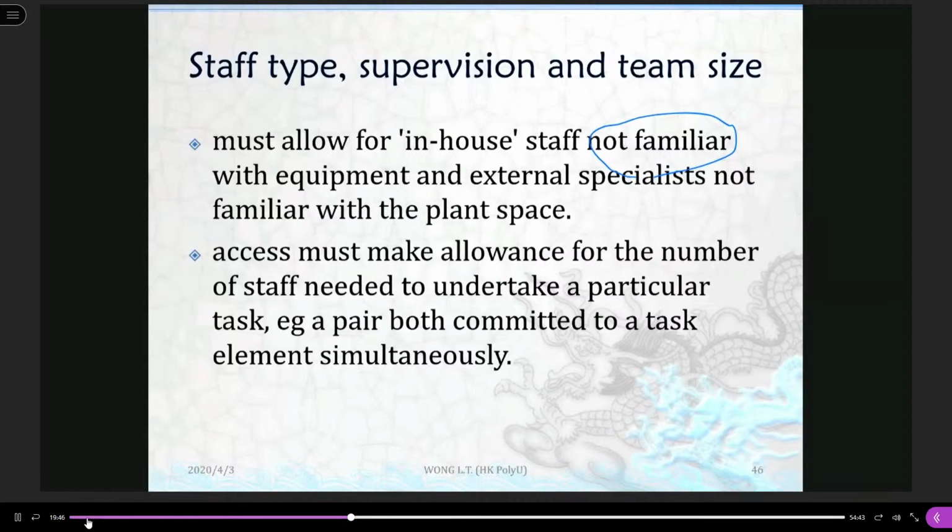This occasionally occurs. The access must make allowance for the number of staff needed to undertake the particular task. Some tasks require more than one person, so we need a good understanding of the operation in order to assign sufficient space for working.